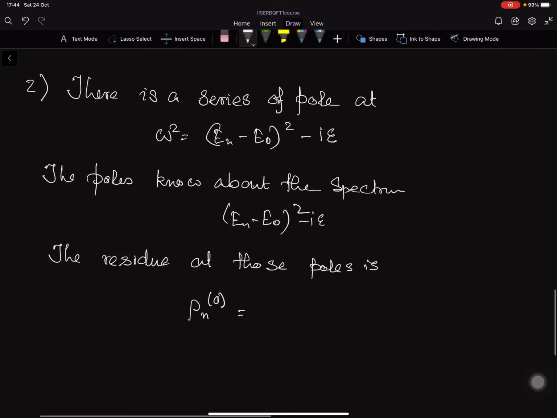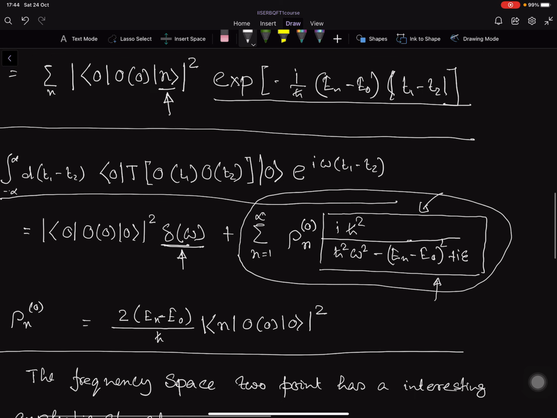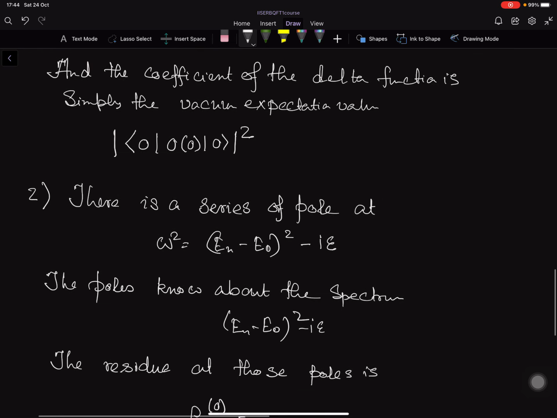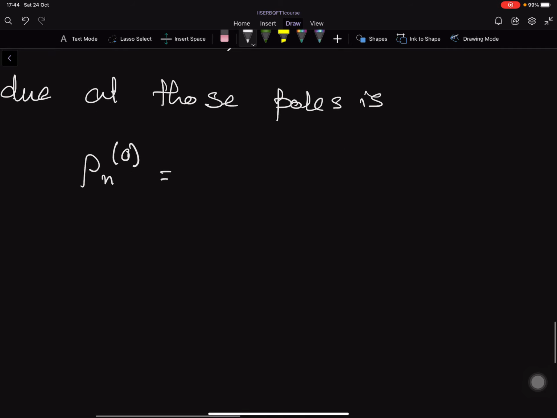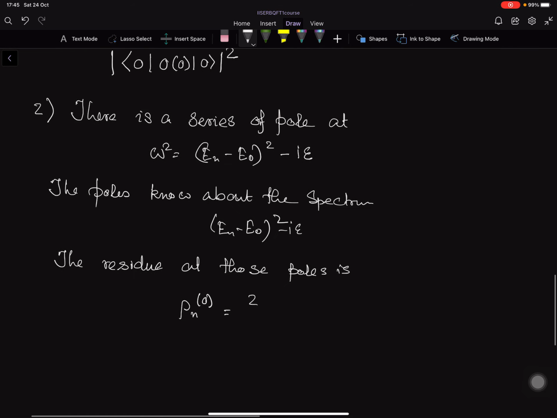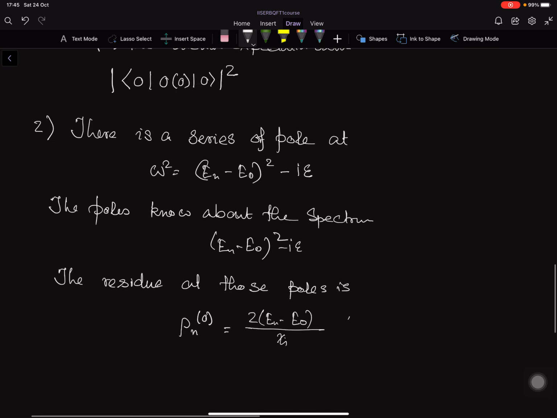The residue is not exactly this, but it is controlled by this, because to find the residue we have to split into two poles. But the residue is also fixed, and it is given in terms of 2 (En minus E0) by h bar times the modulus square of the matrix element between n and 0.